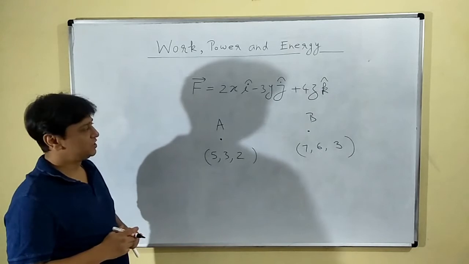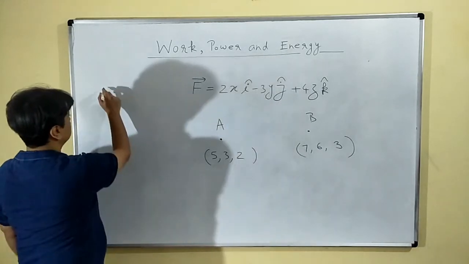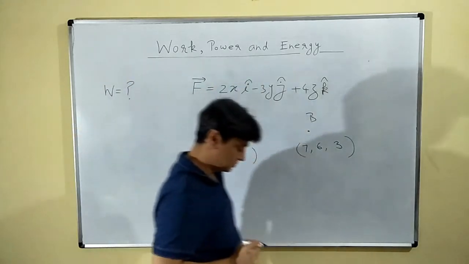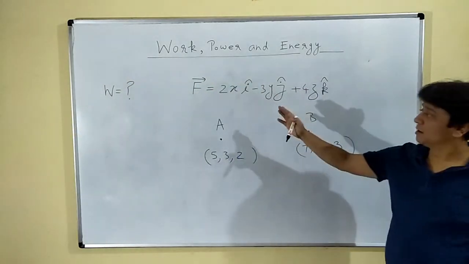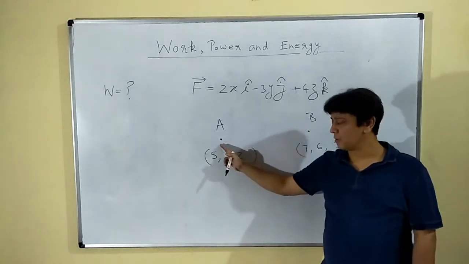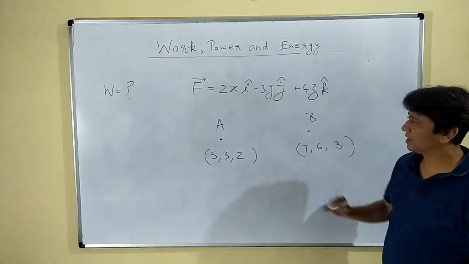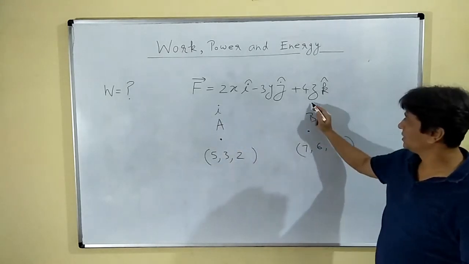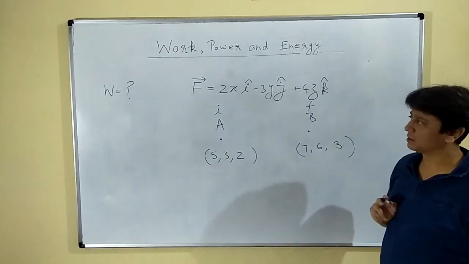And this time round, we just need to find the work done by the force when the object moves from A to B. A is your initial point, B is the final point.